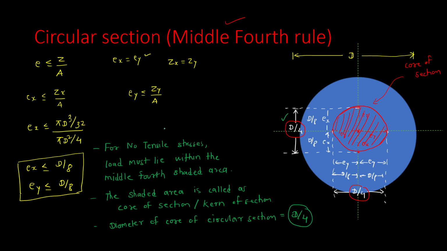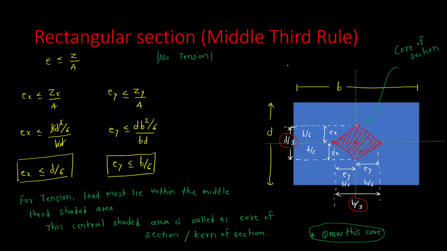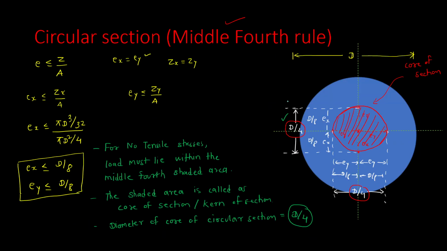For a circular section, you have to see this derivation, and remember that it is the middle fourth rule, unlike the rectangular section, where it was the middle third rule. For no tensile stresses, the load must lie within this shaded area, which is called the core, and its diameter is d by 4. Again, you should be able to draw this diagram, because this can be asked in the question, that is, draw the core for a circular section of diameter 600 mm or 1000 mm.